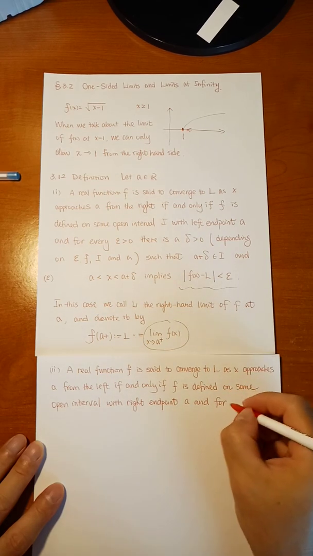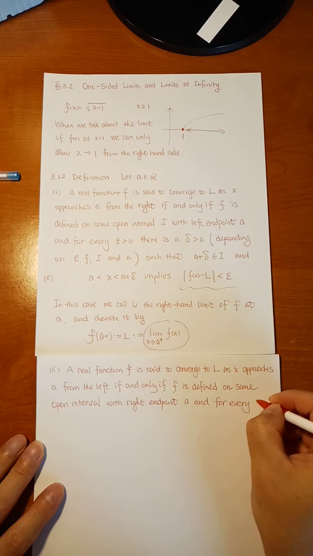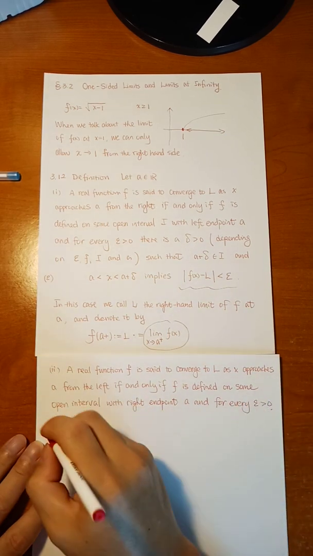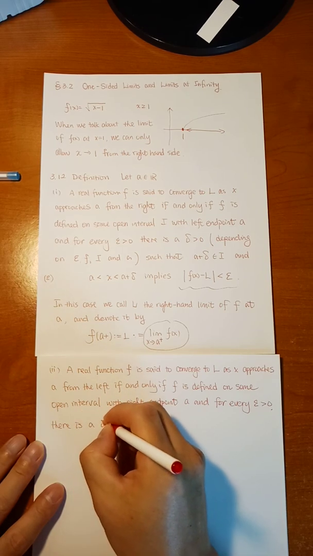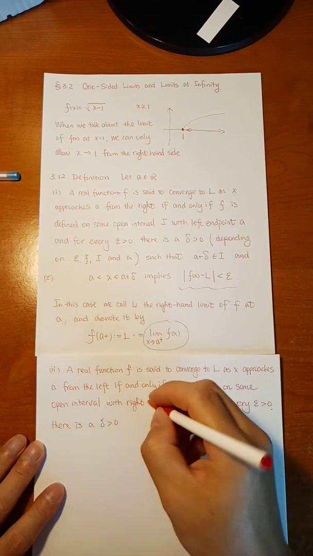for every epsilon greater than 0, there is a delta greater than 0.